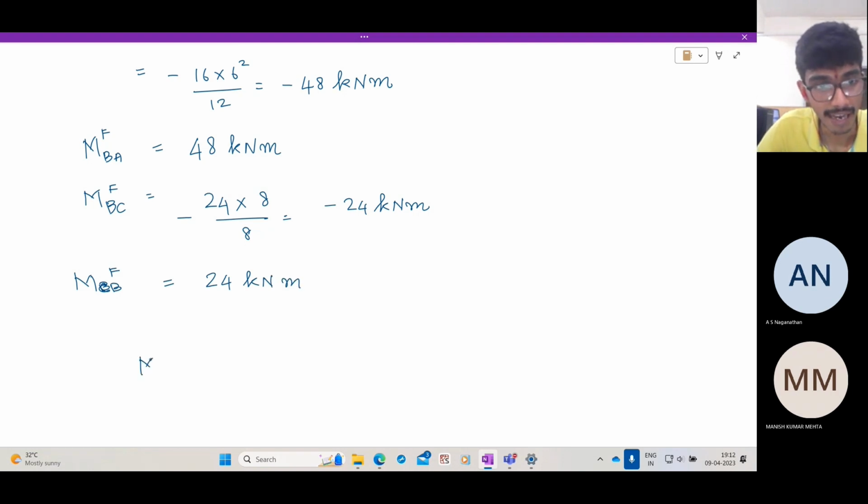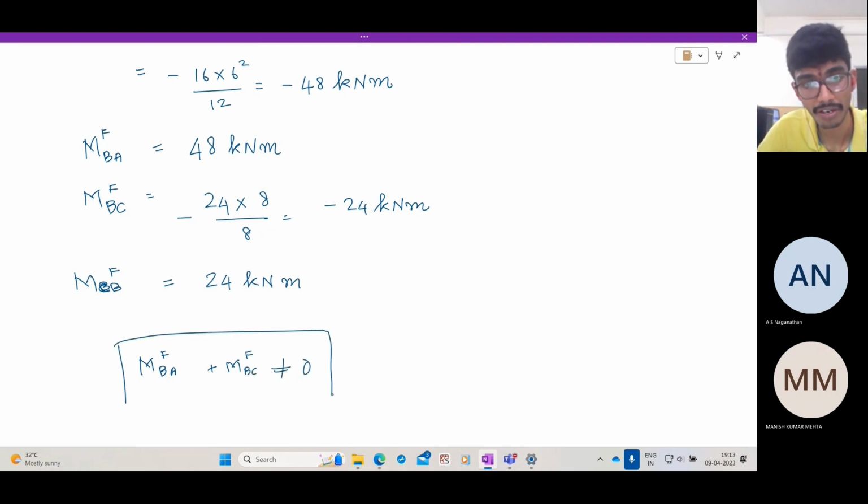Note that MBAF plus MBCF is not equal to 0. If you add these two, you're getting 48 minus 24, which is 24. So there is an unbalanced moment of 24 kilonewton meter at the joint B.